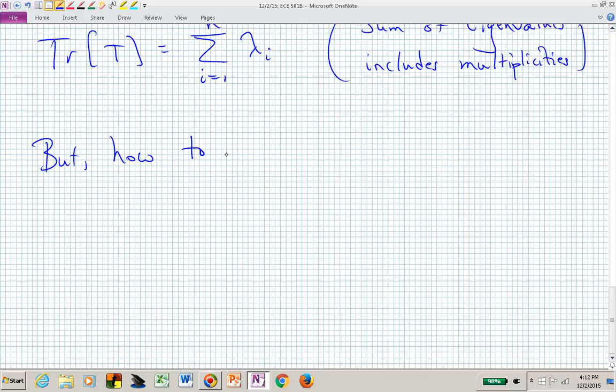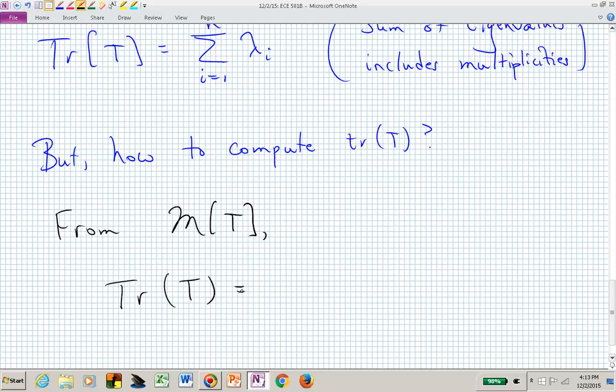But how to compute the trace of T. If we were looking at the matrix representation of that linear operator, then the trace of that linear operator T is actually just the sum from 1 to n of the diagonal terms in that matrix representation.